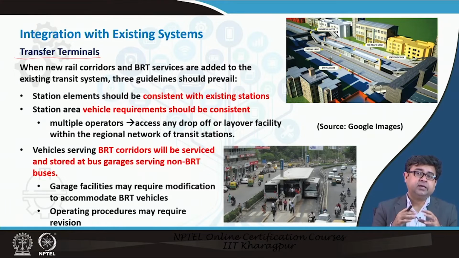Every transfer terminal that we design, we should not think that it is only for one mode, right. A BRT station that you see here is not only for the bus rapid transit.